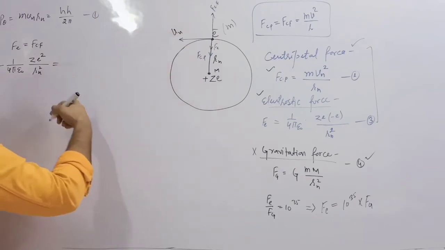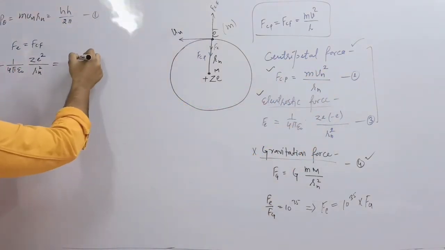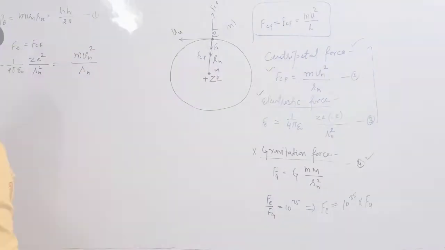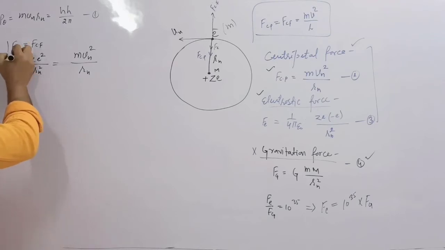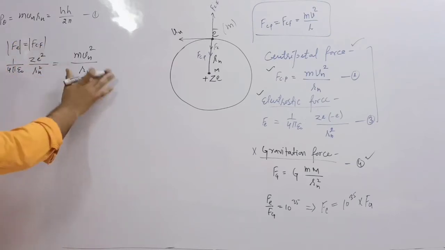This is mvn square upon Rn. If we are dealing with magnitudes, clear, then this is positive also, this is also positive.